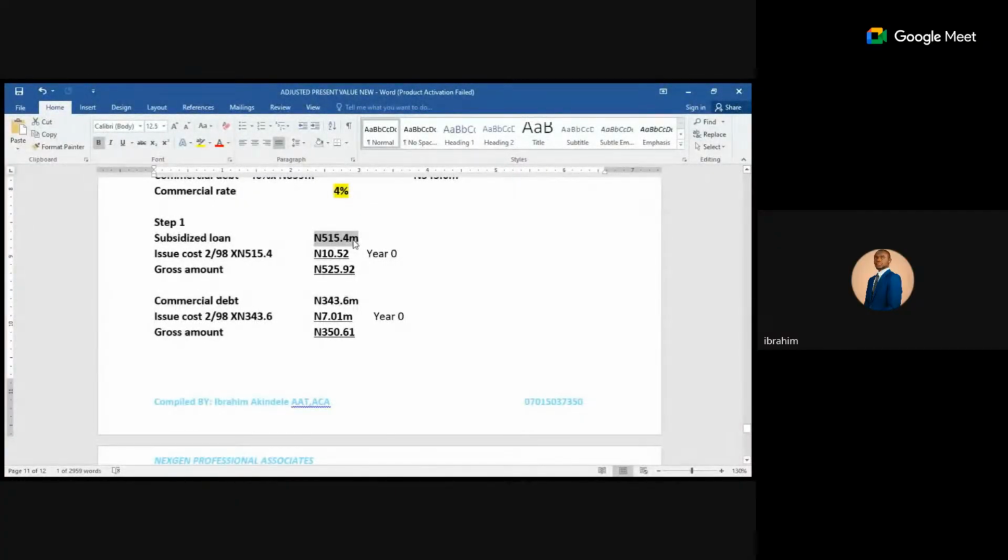Then the cost of raising the fund is 2%. You need to look for how you will get 2%. Before you can raise 15 naira, you need to look for maybe 100 naira, so you gross it up so that you will have a gross amount. That is why it's like that. Do you get?